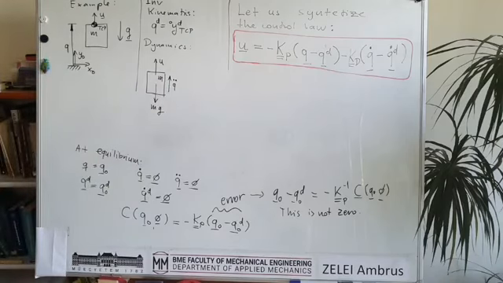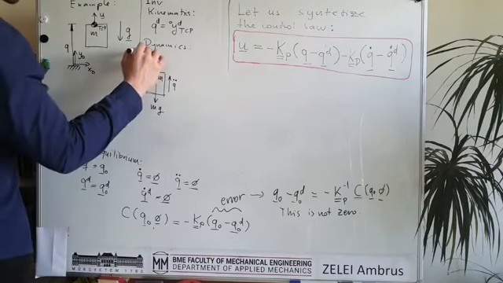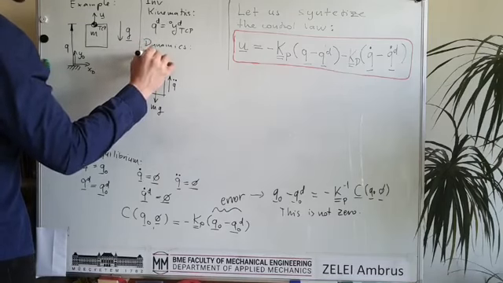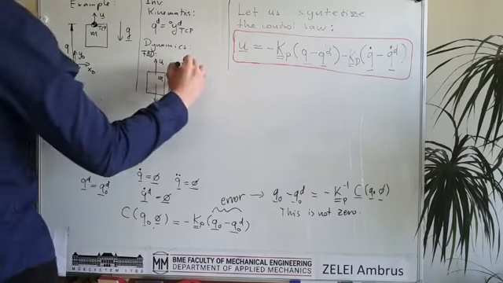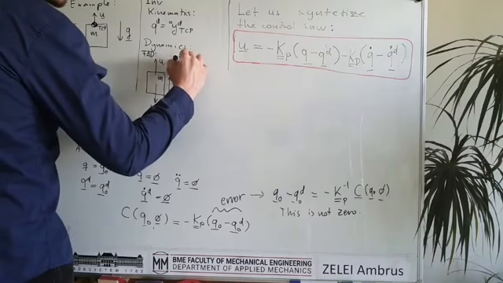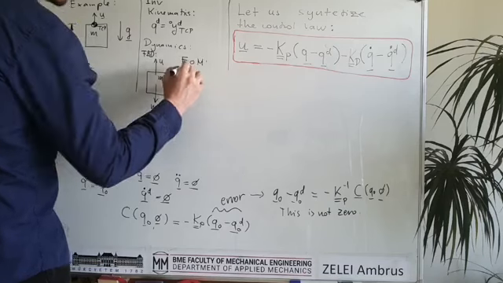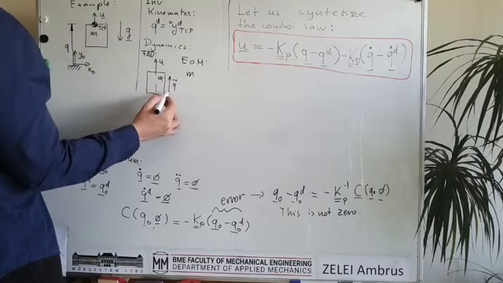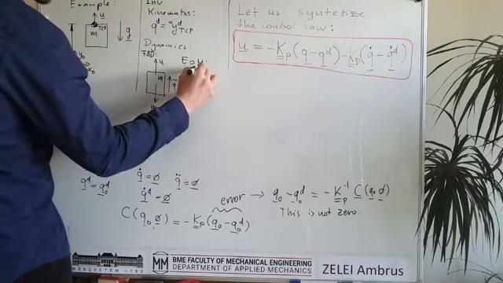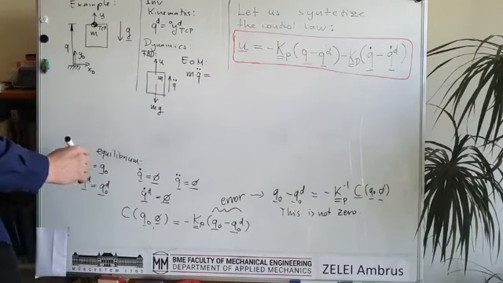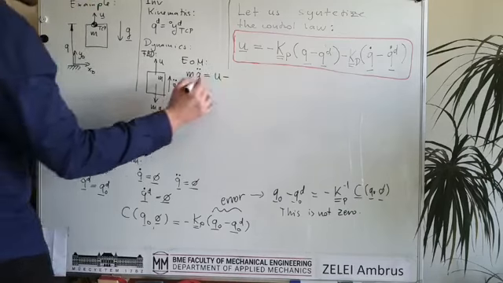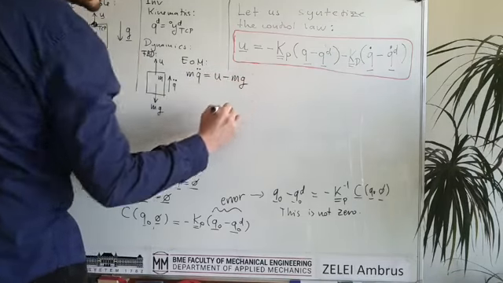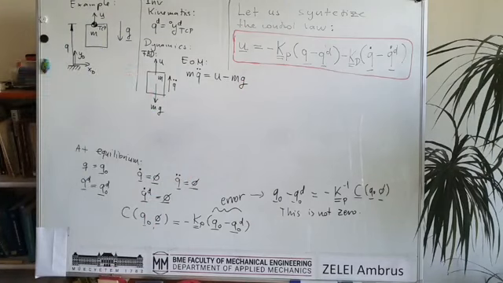So this is the free body diagram. And from this free body diagram we can create our equation of motion, which means that m times the acceleration equals the force in the positive direction minus the gravitational force in the negative direction. So this is our very simple equation of motion.